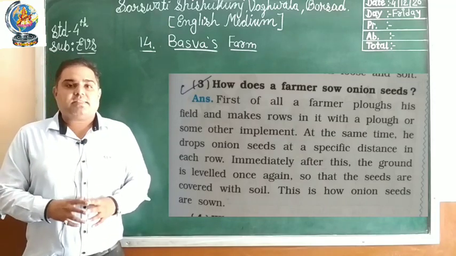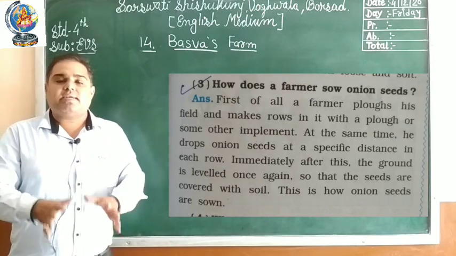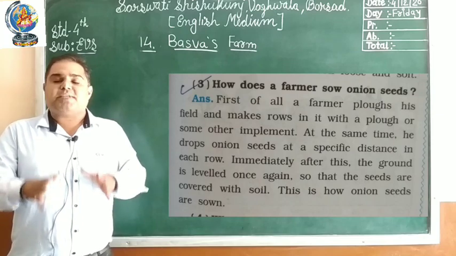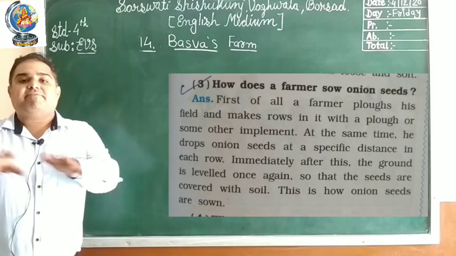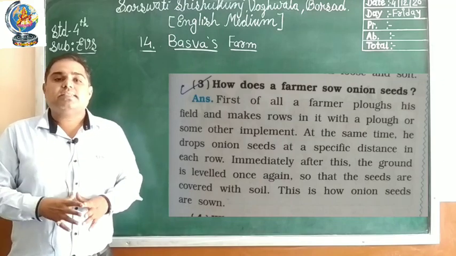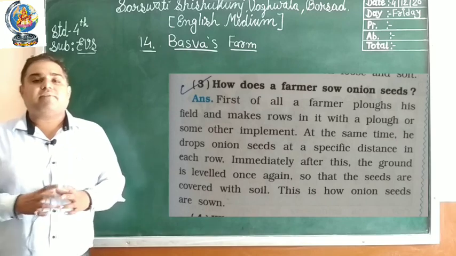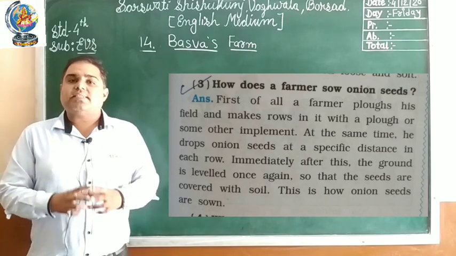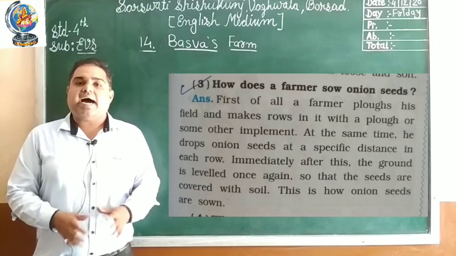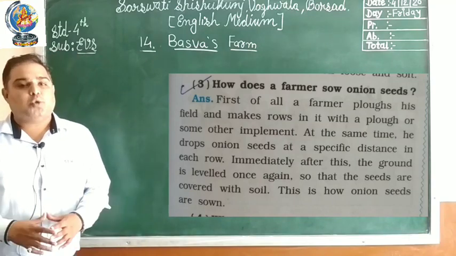Immediately after this, the ground is leveled, so the onion seeds are covered with soil. This is how onion seeds are sown.